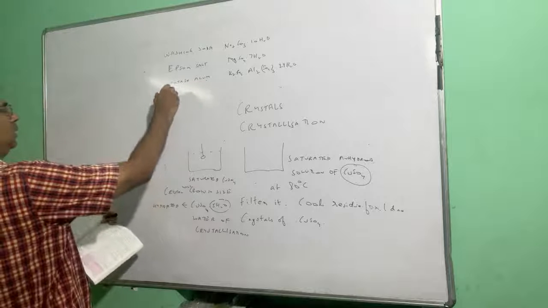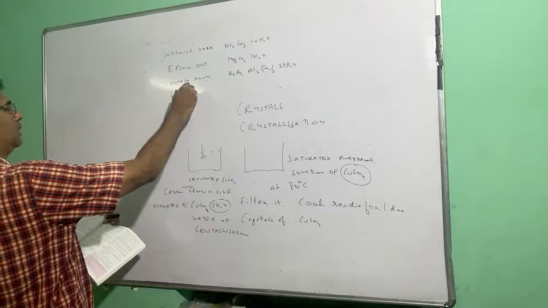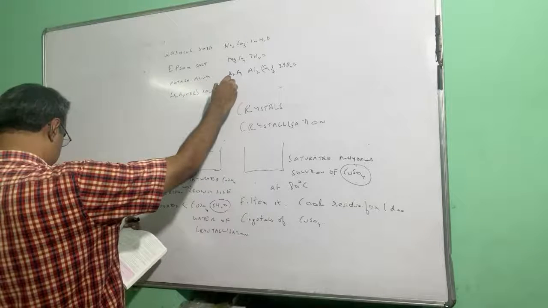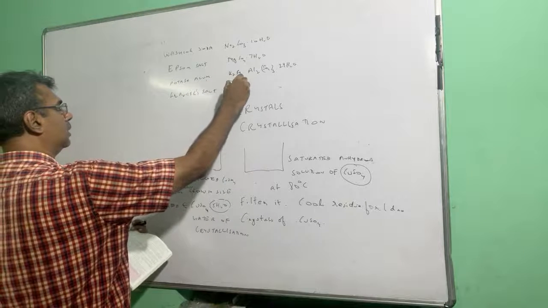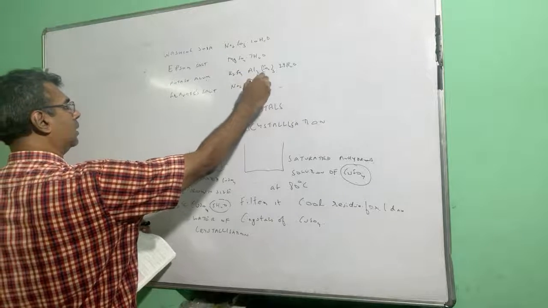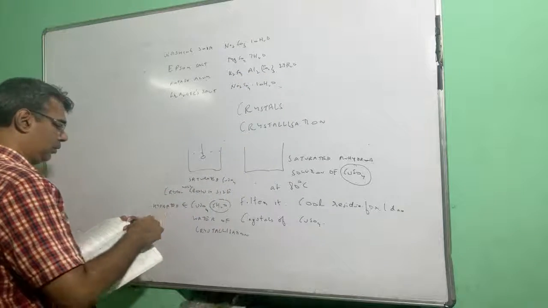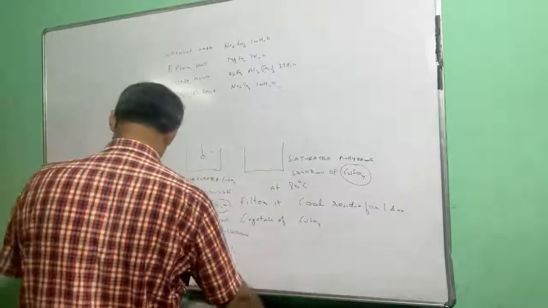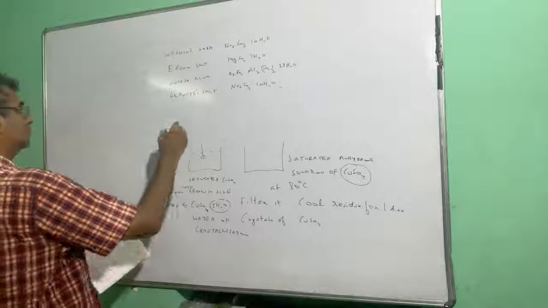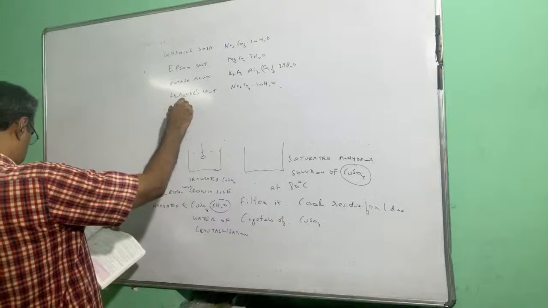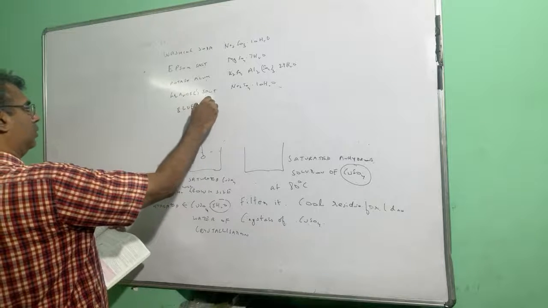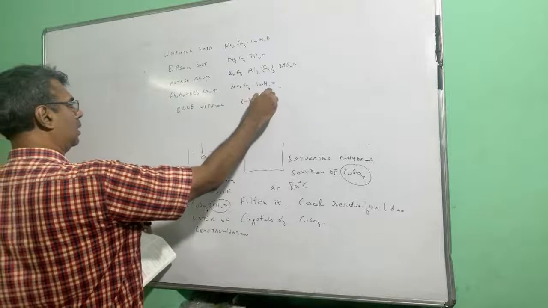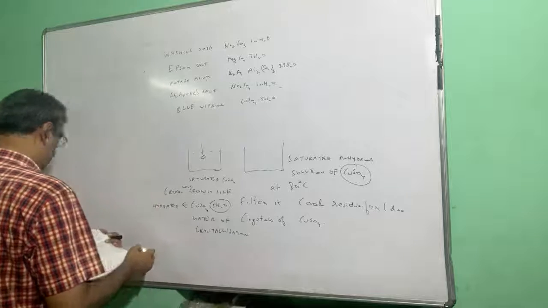Then you have Glauber's salt. Glauber's salt is Na2SO4.10H2O. Then you have blue vitriol, CuSO4.5H2O.